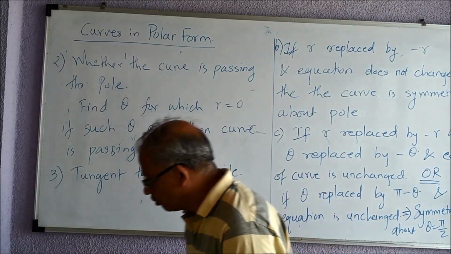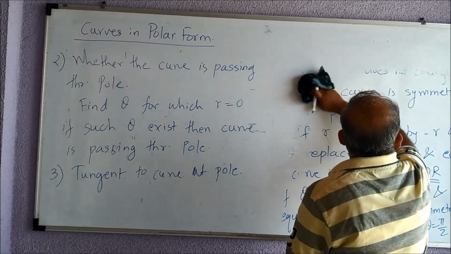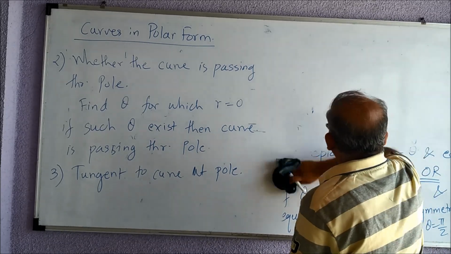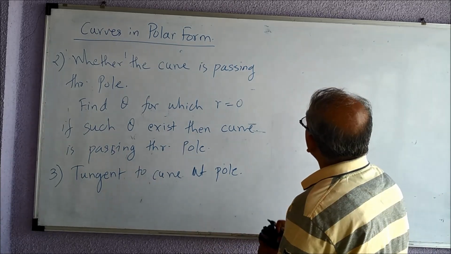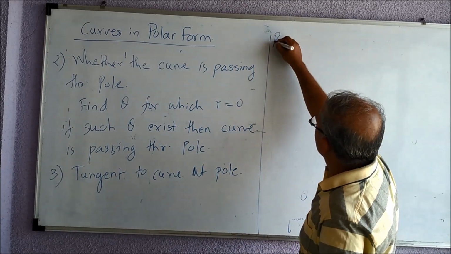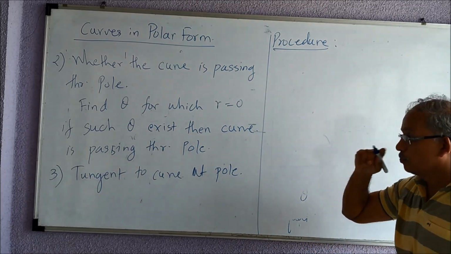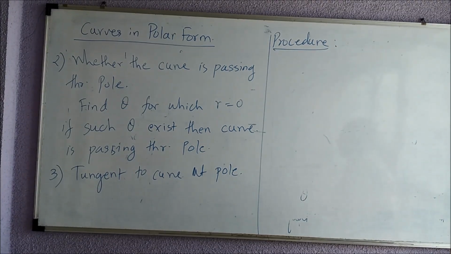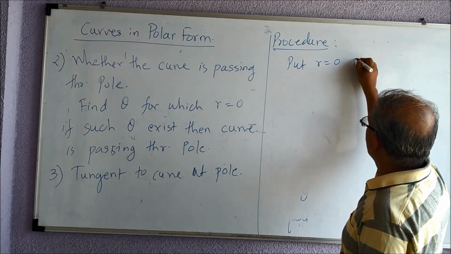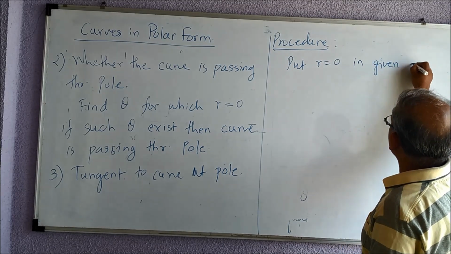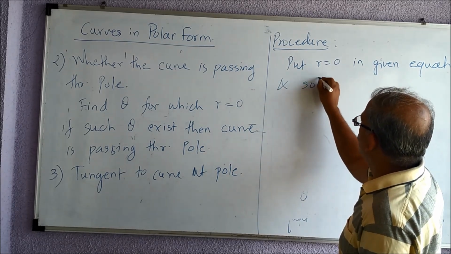Procedure: to find the tangent to the curve at the pole, put r equal to 0 in the given equation and solve for theta.